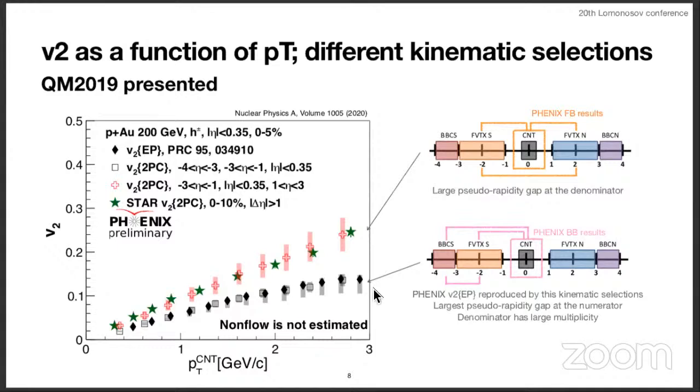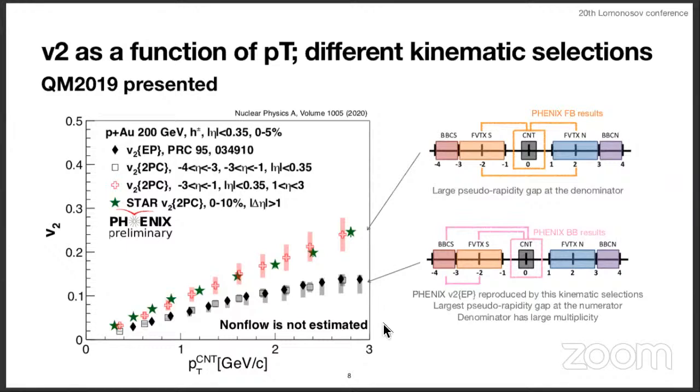Since the Nature results were published by the event plane method with the PHENIX BB combination, and they are explained perfectly, we can confirm that this difference between the two v2s purely comes from the kinematic selections we are using right now.